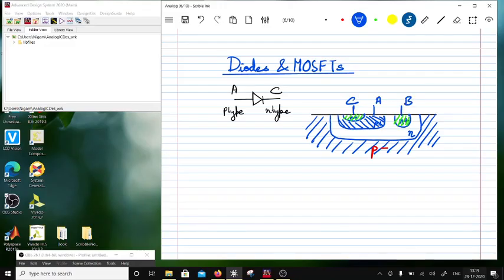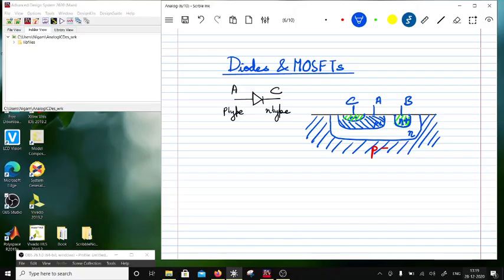Now this is N plus for a reason. What can happen is when you form a junction, you don't want the metal to be interacting with the semiconductors. So the way to do this is a heavier doping, the N plus. So that's what N plus is, a body terminal.